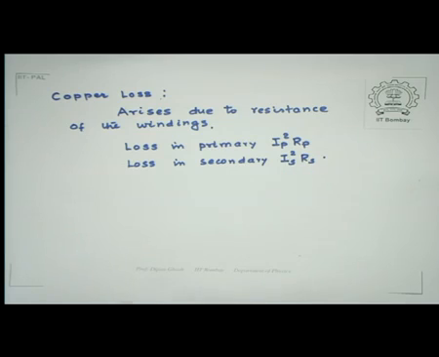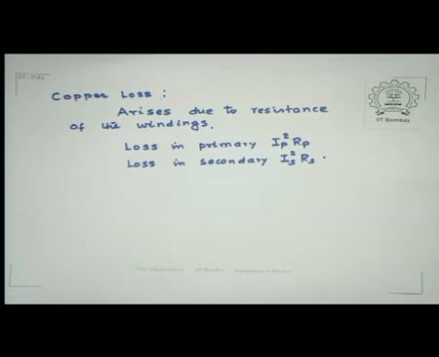So notice that both these losses depend upon the current that flows in the primary and the secondary circuit, and therefore such losses depend upon load.